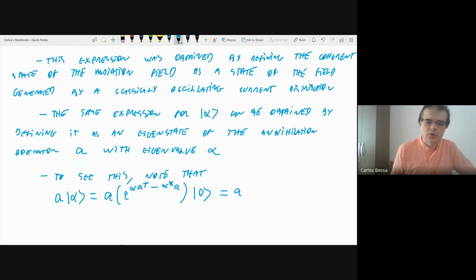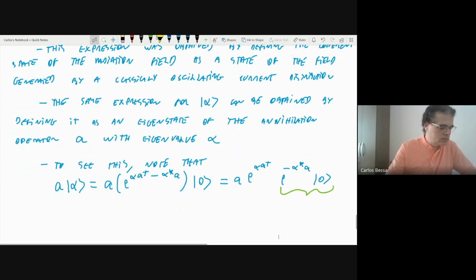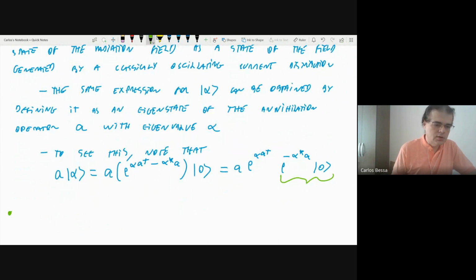So this is exponential of A times exponential of alpha A dagger, exponential of minus alpha conjugate A, applied to 0. We must first see how this guy here acts on the vacuum state, on the ground state. So exponential of minus alpha conjugate A applied to 0.